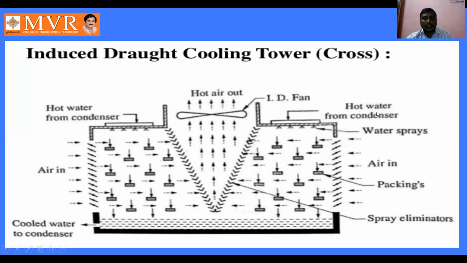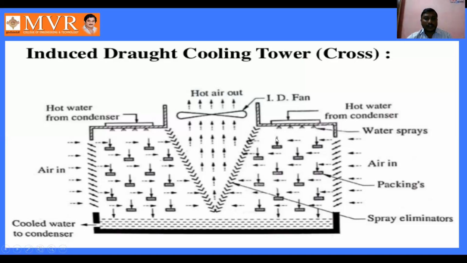See here, the hot water from the condenser enters into the cooling tower, and these are the water sprayers. The hot water coming from the condenser is sprayed into the cooling tower, and the air enters here.